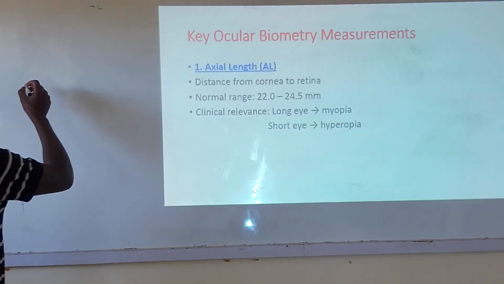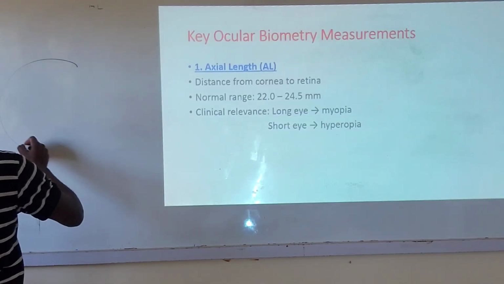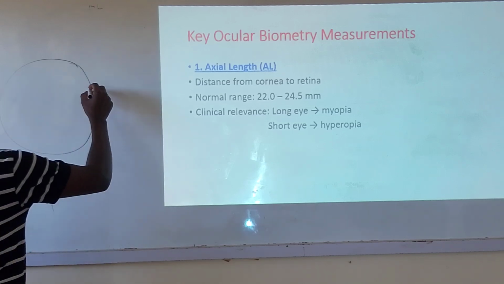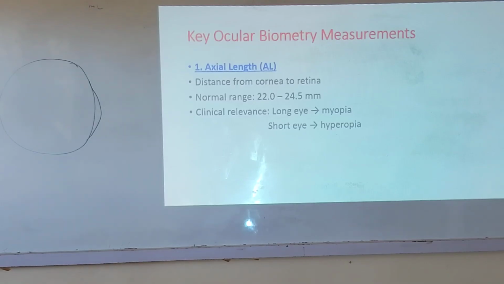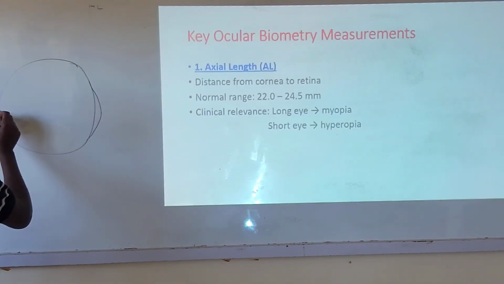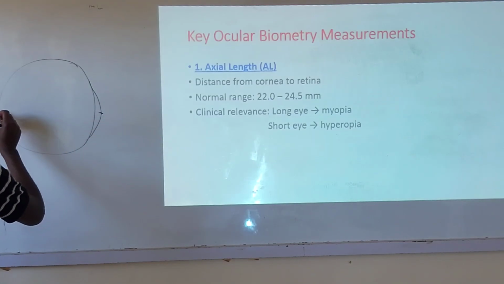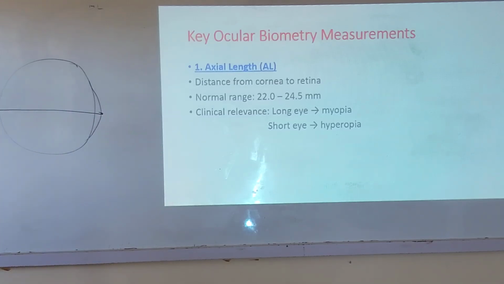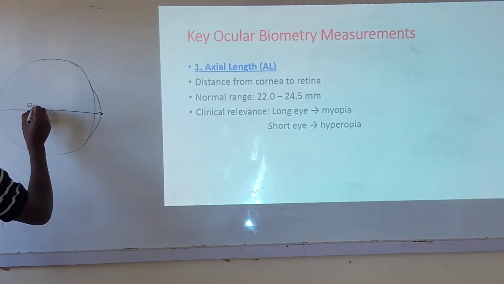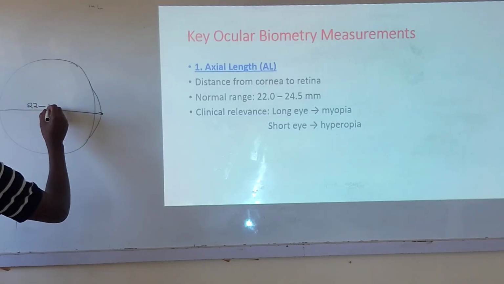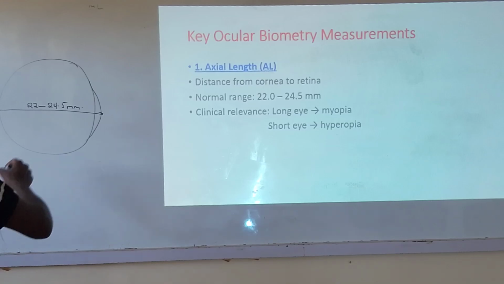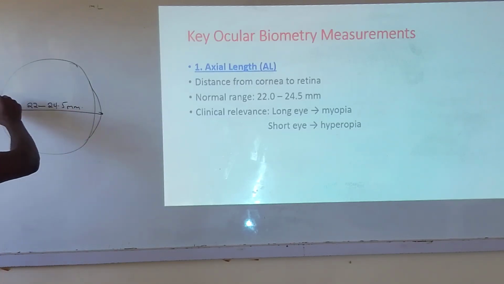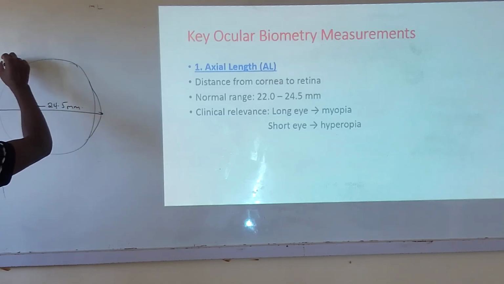So if this is the eye, with your cornea around here, then you are saying the distance from this point here to this point here is supposed to be 22, so range 22 to around 24.5 millimeters. So this is what we are referring to as the axial length.